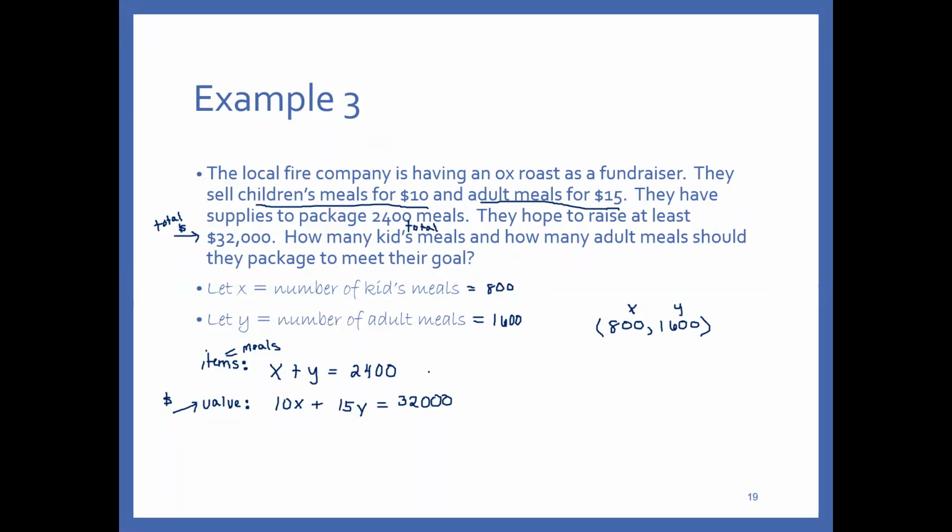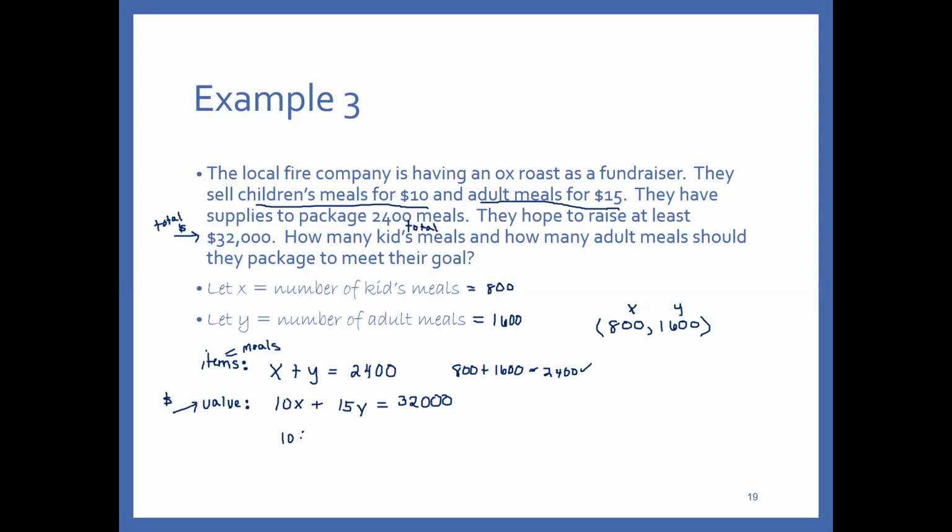Now, the really cool thing is that I can double check this and make sure that it works. So in my items equation, I can just take 800 plus 1,600, and that does indeed equal 2,400 on my calculator, so that one checks. Down here in this one, I can also substitute these in for x and y.